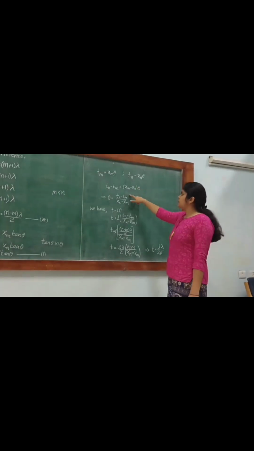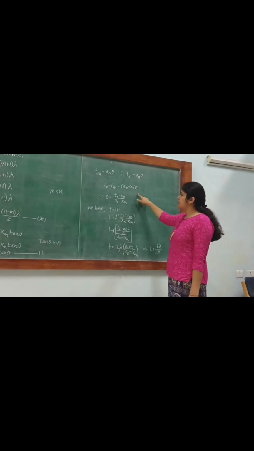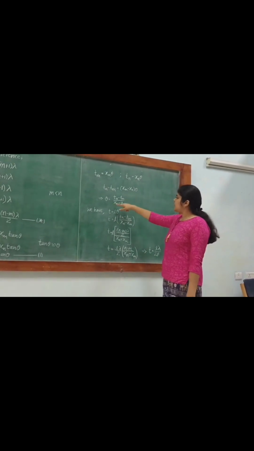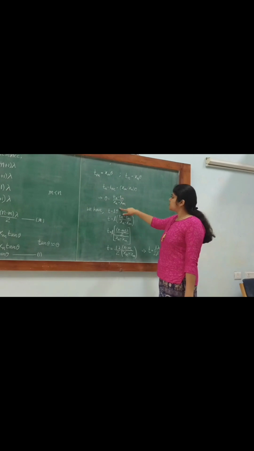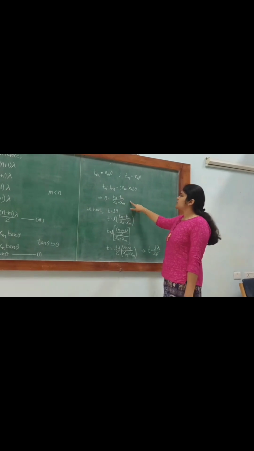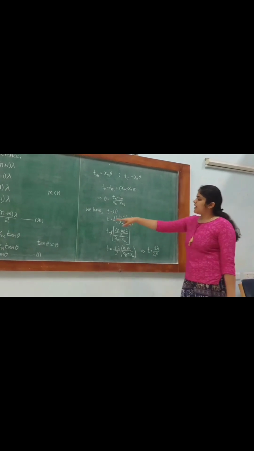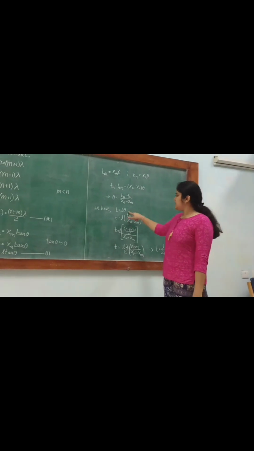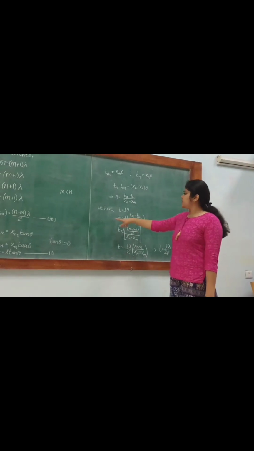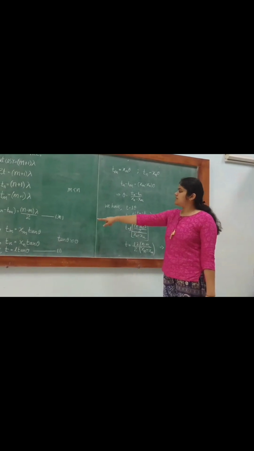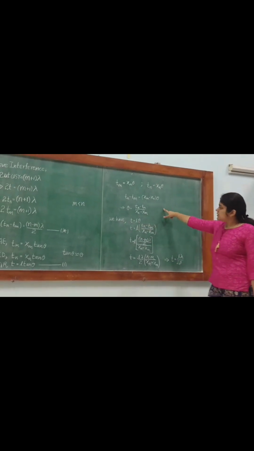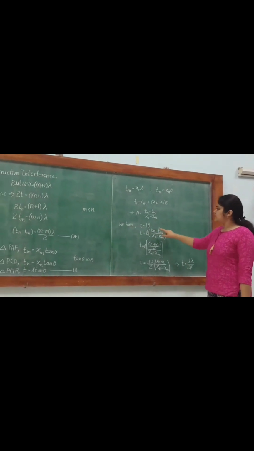From these two, we will get Tn minus Tm, and from this equation we can derive an equation for theta. We have T is equal to L theta. Substitute this Tn minus Tm and theta values in T is equal to L theta.